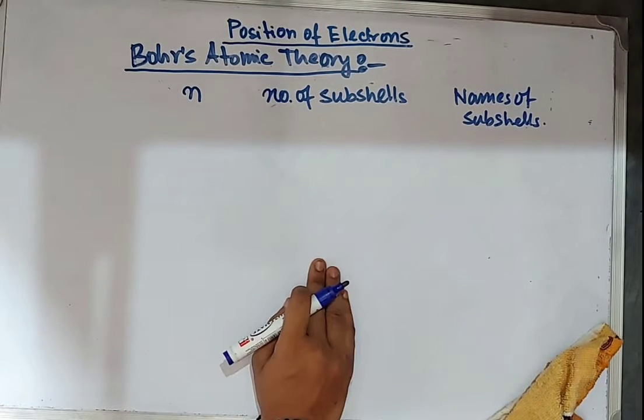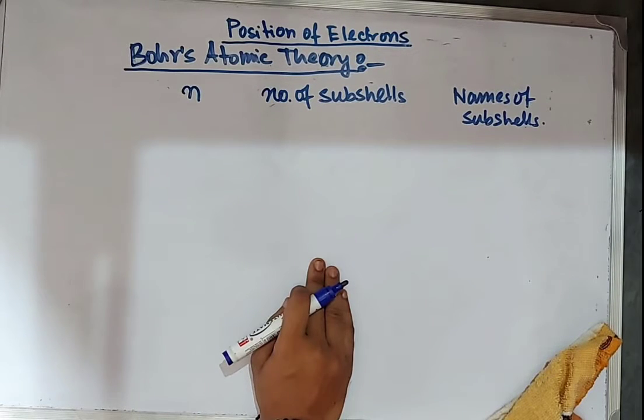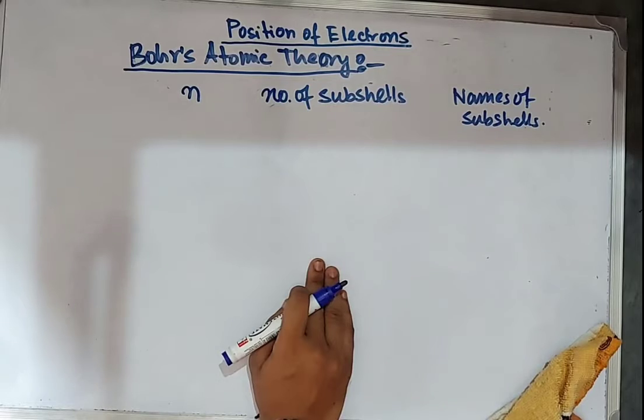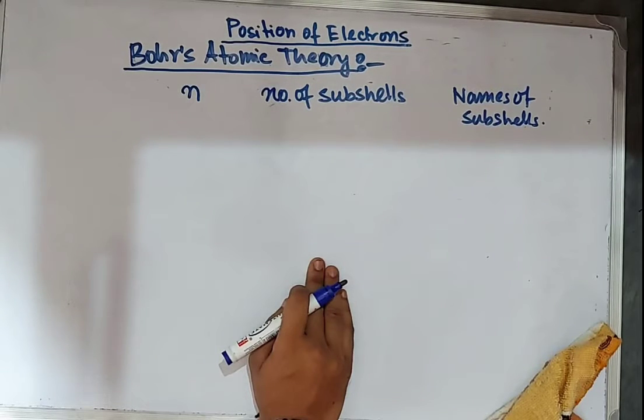So the shells of the atom get split into slightly differing energy levels, and those are called the subshells of that particular shell.